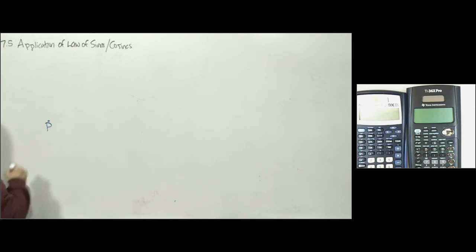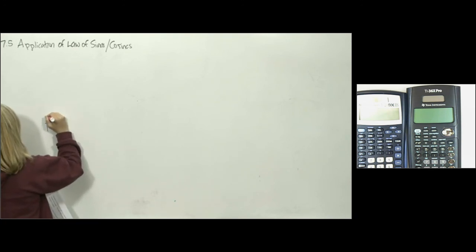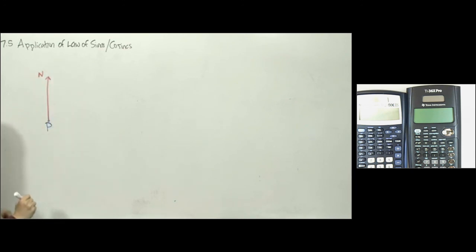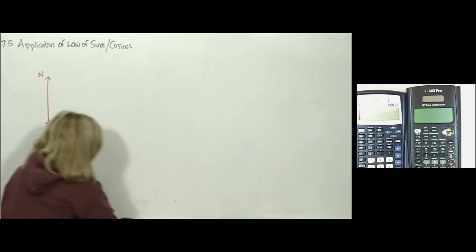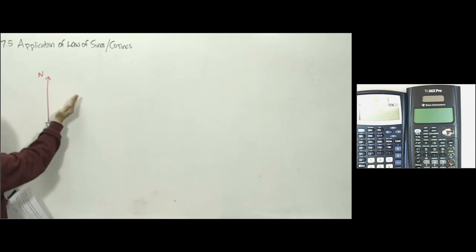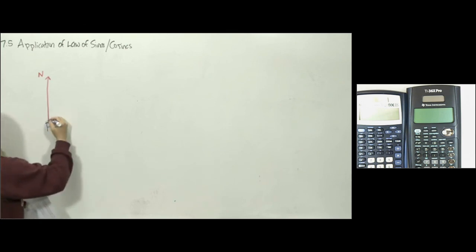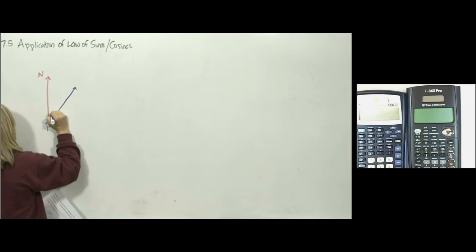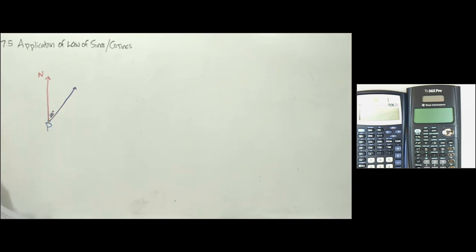So just like a compass, the north vector would go up, put an arrow, let's put the N for north. And now to draw this bearing, the terminal ray would go clockwise 28 degrees. That's your bearing at 28 degrees.